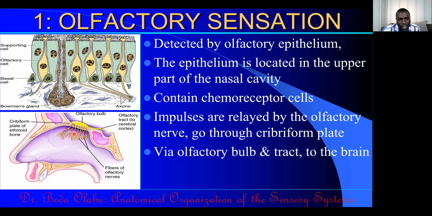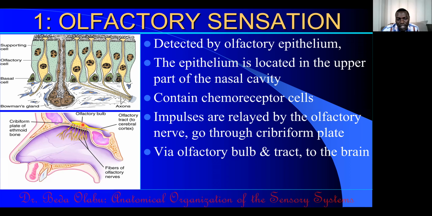When the first order sensory neurons for olfaction cross the cribriform plate, they synapse in a region called the olfactory bulb. So there, they'll synapse the second order sensory neurons for olfaction. These second order sensory neurons have their cell bodies within the olfactory bulb.